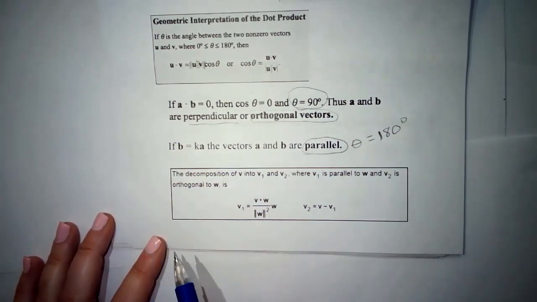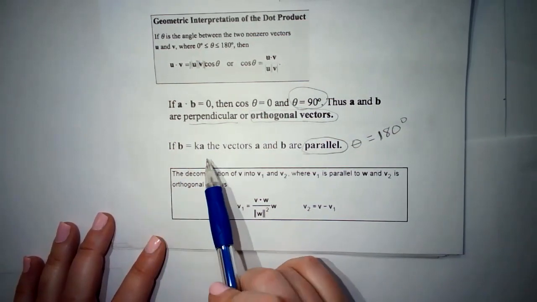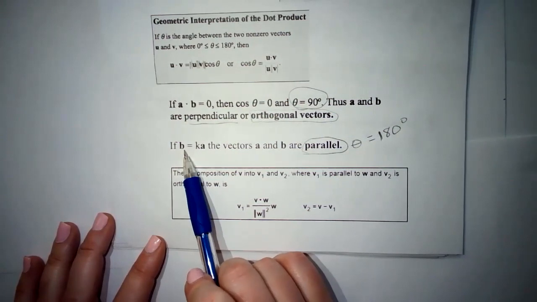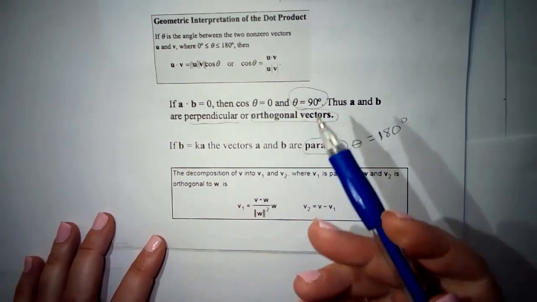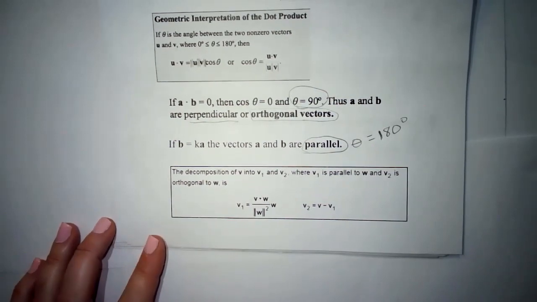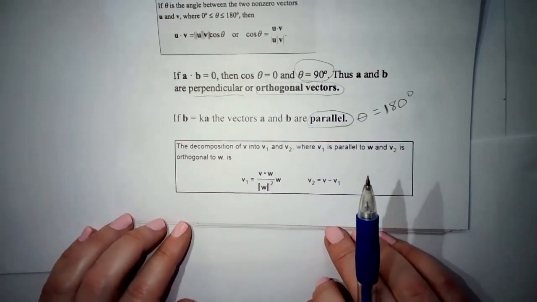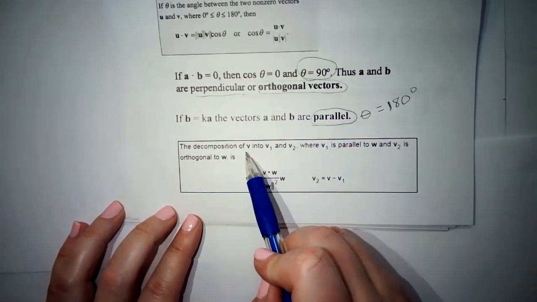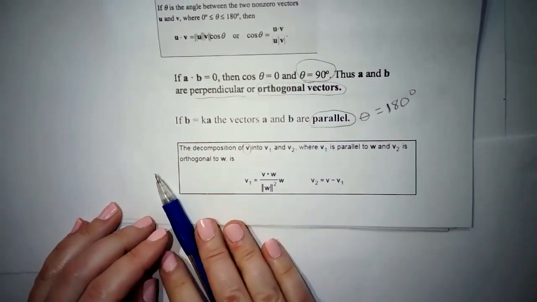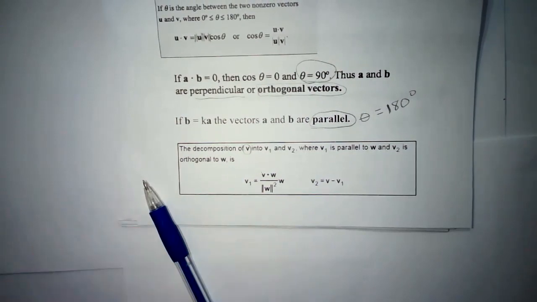Now, there's no special dot product for parallel. It could be anything. But one interesting point is that one vector is going to be a multiple of the other vector. And we'll see that when we go through and do it. All right, last little formula we're going to use is, let's say that you have vector v, and you want to break vector v into two smaller vectors, vector 1 and vector 2.